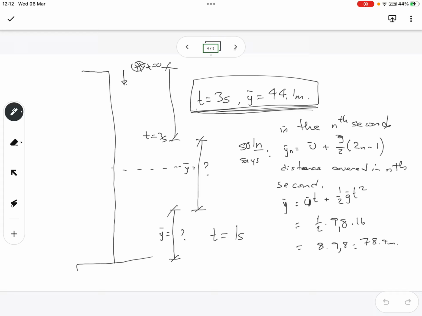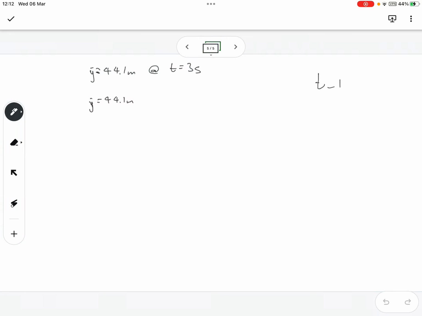But now we have the second half, which is ut plus a half gt squared, right? And in this case, we know that our time is t minus 1, so we'll have v times t minus 1 plus a half g times t minus 1 squared. This equals 44.1 meters.